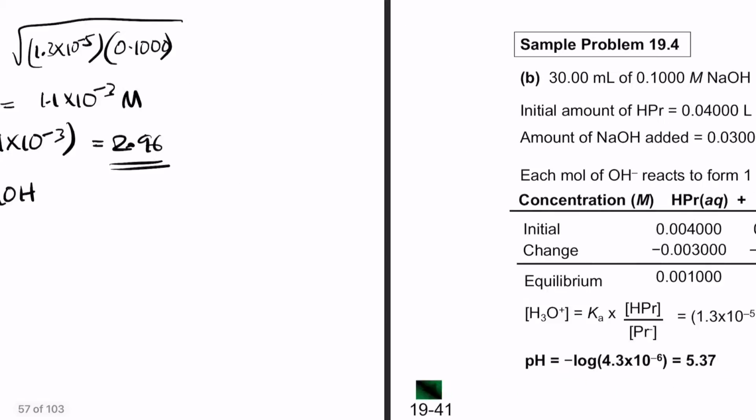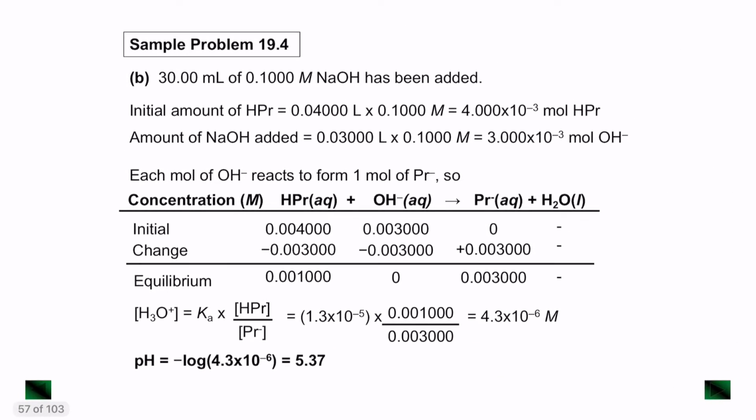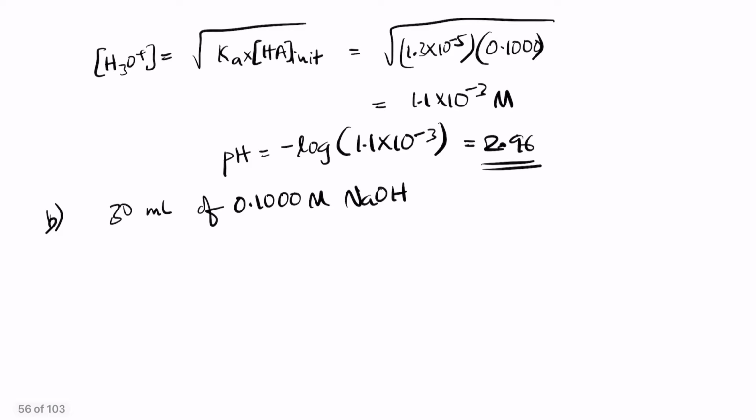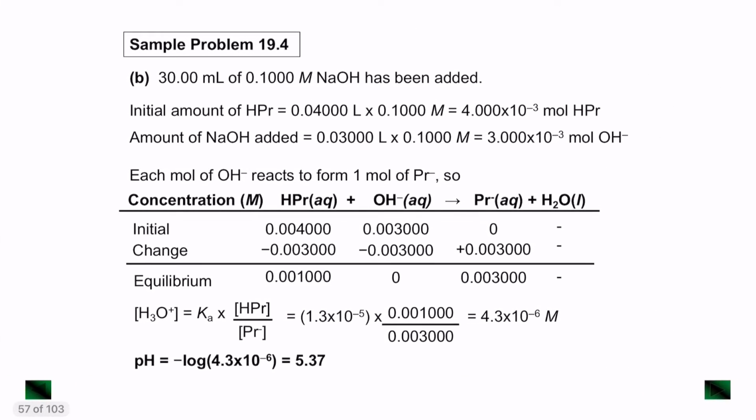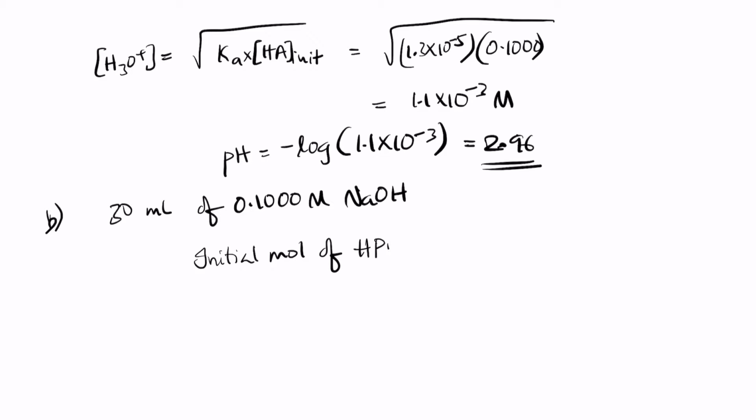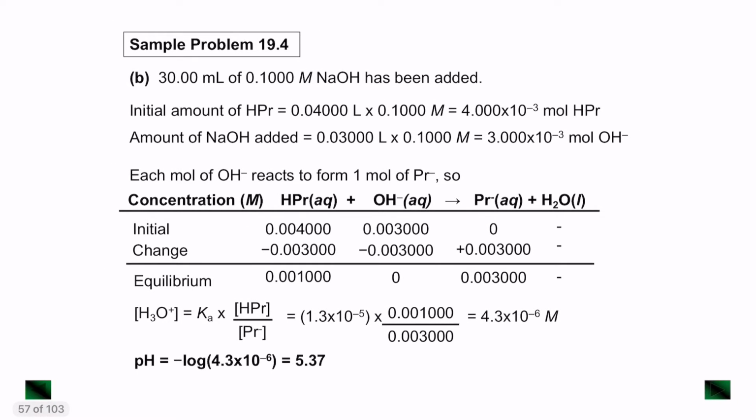So the next thing we have to calculate is the initial number of moles of acid that's present, the initial amount of HPr, the amount of acid that is originally present.